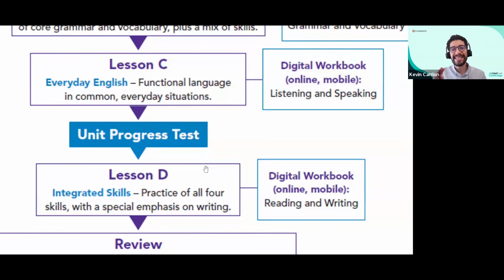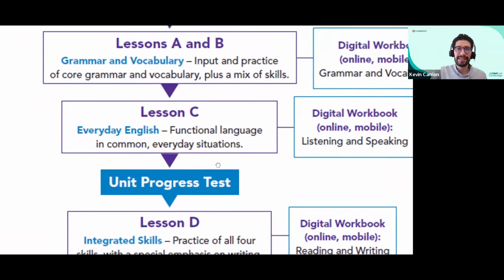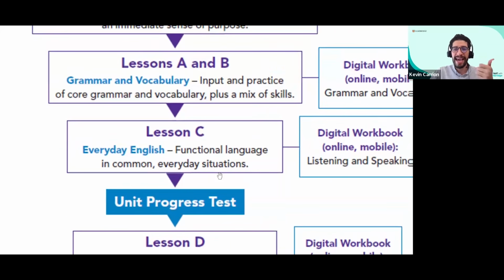Or you can assign it digitally to your students through the Cambridge One platform. Remember the benefit of the report that you can generate from Cambridge One if you use the digital version. What are you going to find in the unit progress test? Basically the content of lessons A, B, and C, which are the grammar, vocabulary, and Everyday English lessons, the functional language lessons.